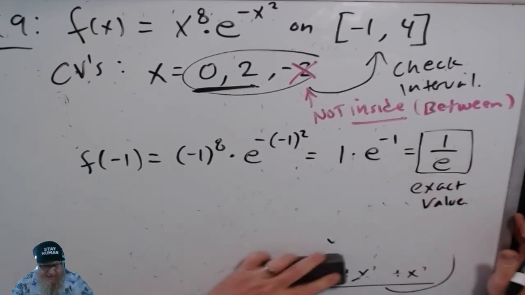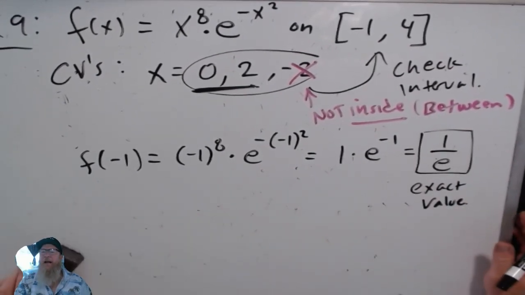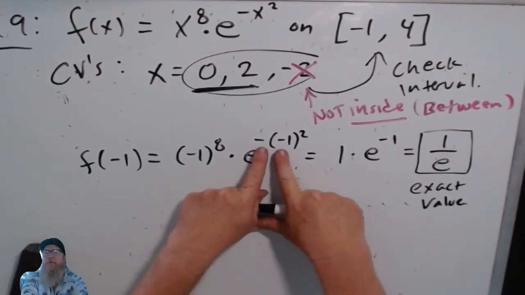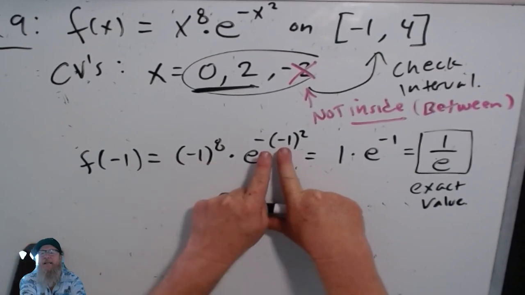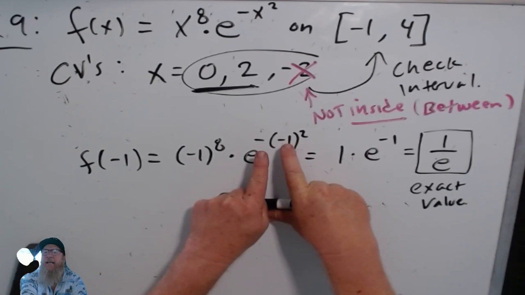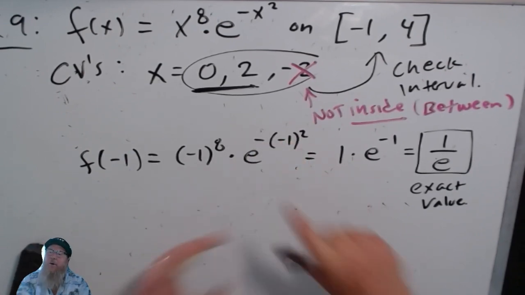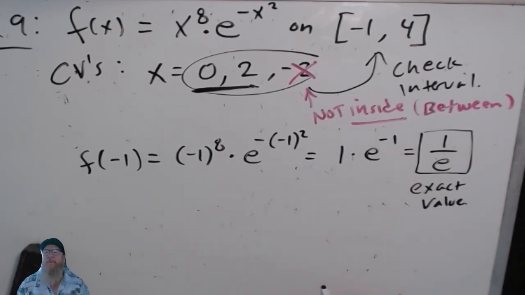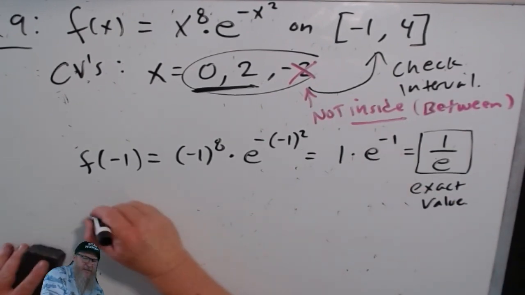I could put it into a calculator later. And again, be really careful with double negatives. I have seen people get all the way to this step and accidentally make it positive. That's actually 3 negatives, right? It's a negative 1 times another negative 1 times another negative 1. So it's still negative. Let's try 0.